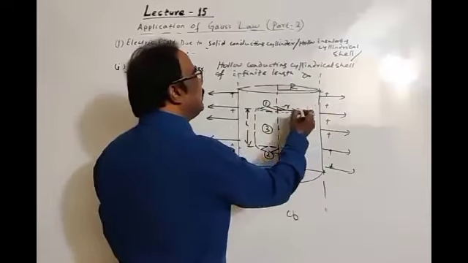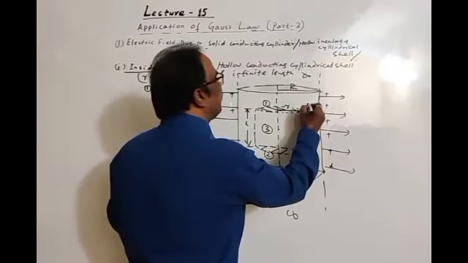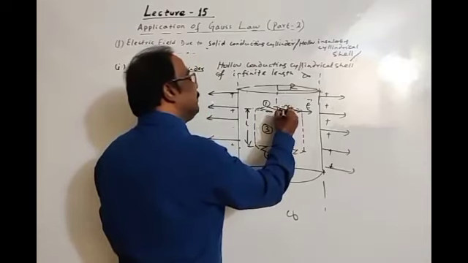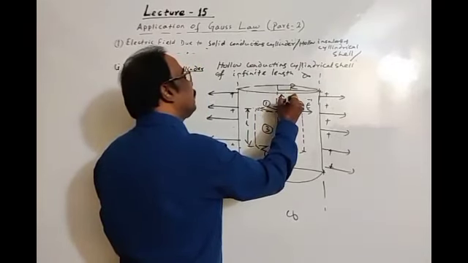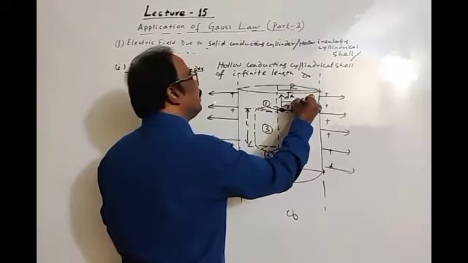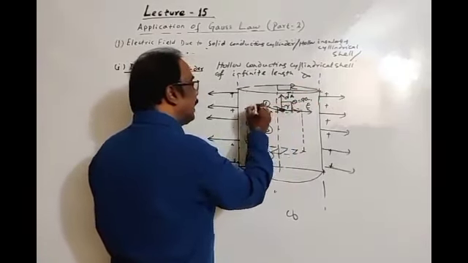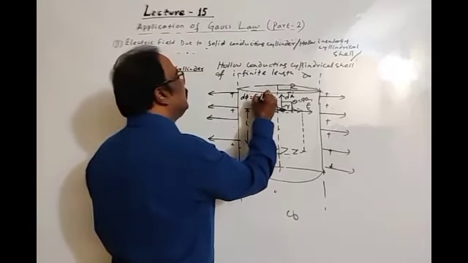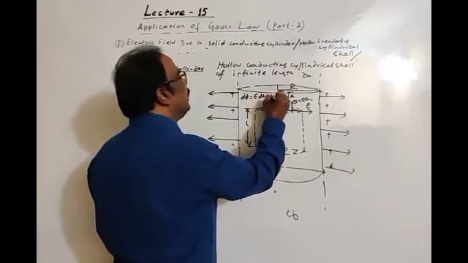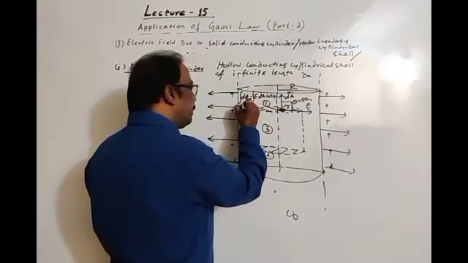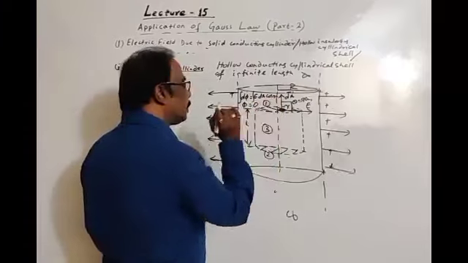For this surface, this is the direction of the electric field, and this is the elemental area which is in the outward direction. This is dA, and here theta is 90 degrees. So if theta is 90, then dφ is equal to E dA cos 90. So dφ is 0, meaning the integration of dφ, the flux, is 0 for surface 1.